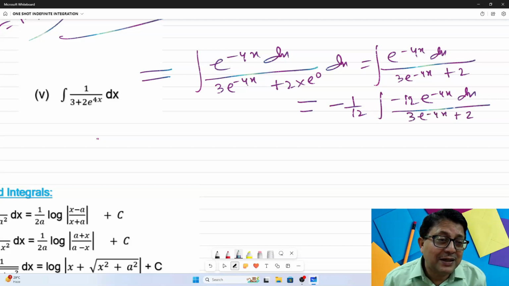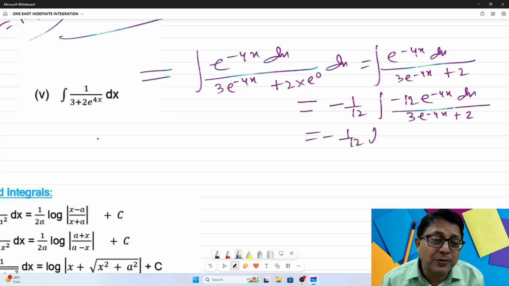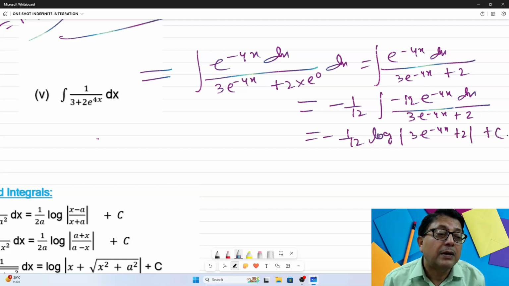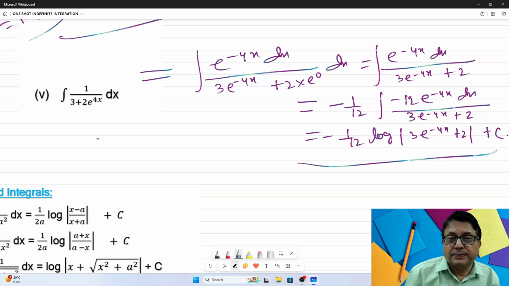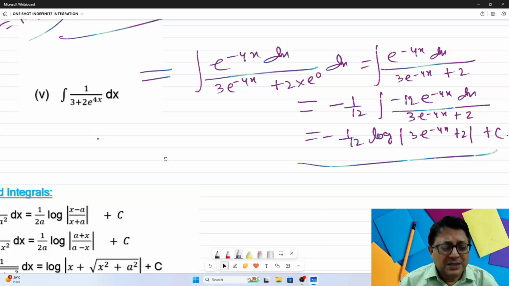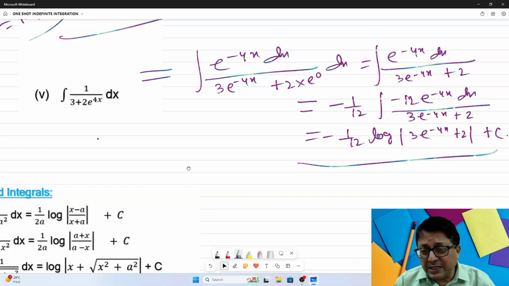What is this? Derivative of this thing is the numerator. So you write the answer minus 1 by 12 log of mod of 3 e to the power minus 4x plus 2, plus c.